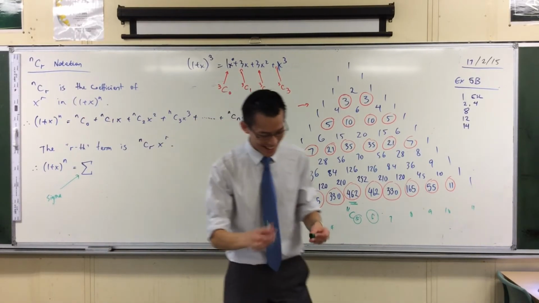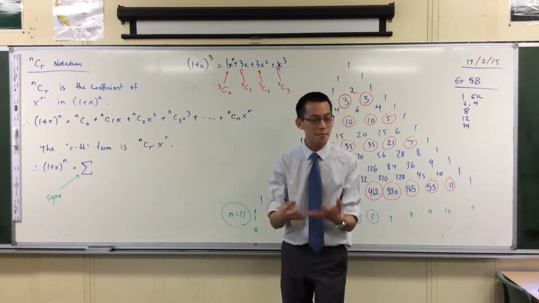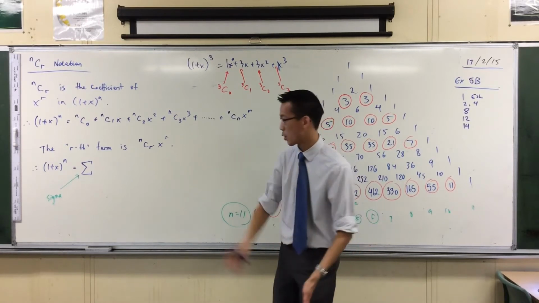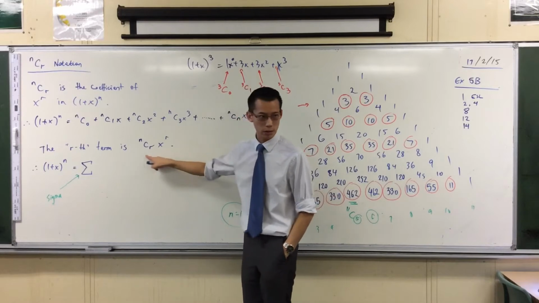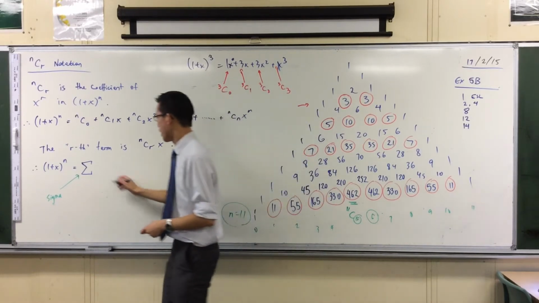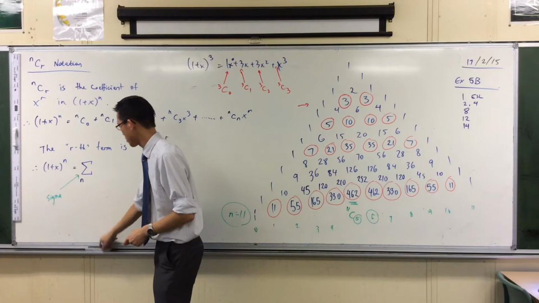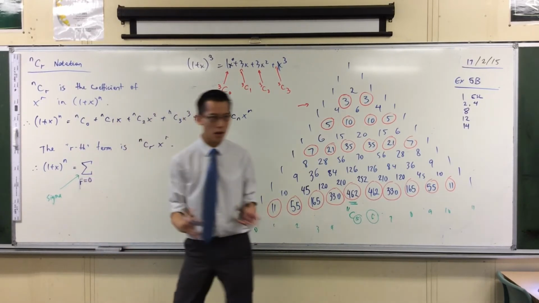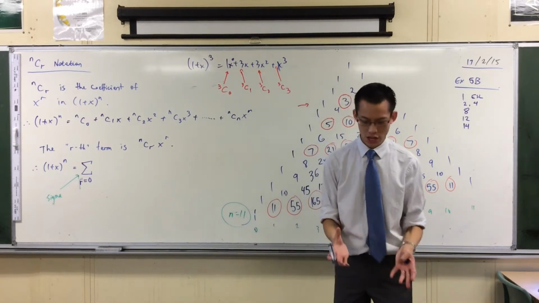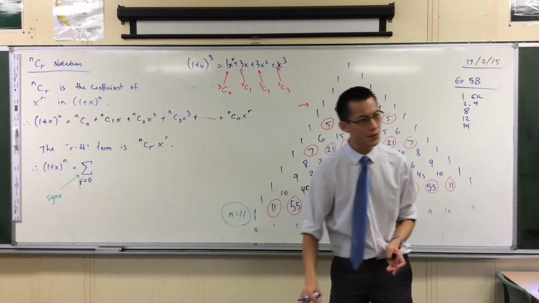Now, this sigma notation, it's sigma for sum, S for sum. So I'm adding up all of these terms, right? I'm adding up terms that all look like this. So I'm going to start. Whoops, that's not right. I want r. I want to start with the first term, which has an r value of 0, and it's the very first term.